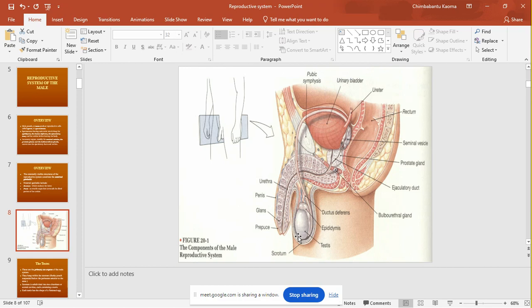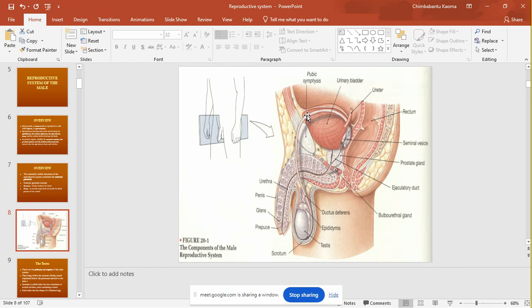We can see that this is the scrotum, which is containing the testis, and from the testis we have the epididymis, and we have a ductus deferens, a tubular structure moving from the epididymis all the way to join the urethra, even though we can't easily see how it joins the urethra.